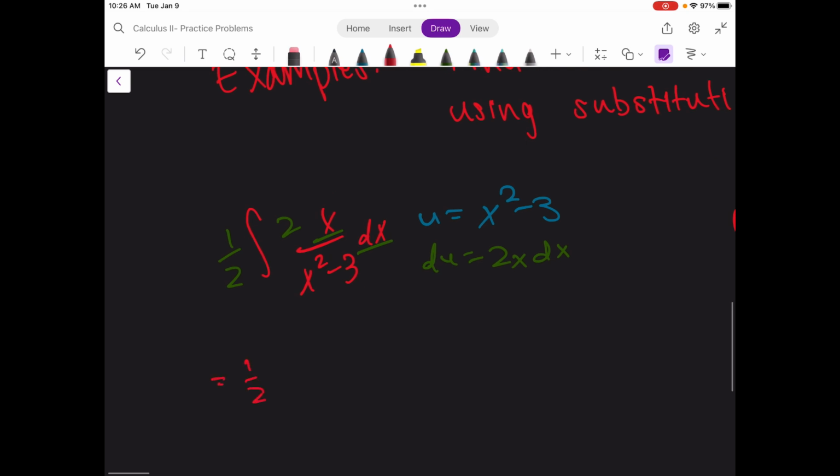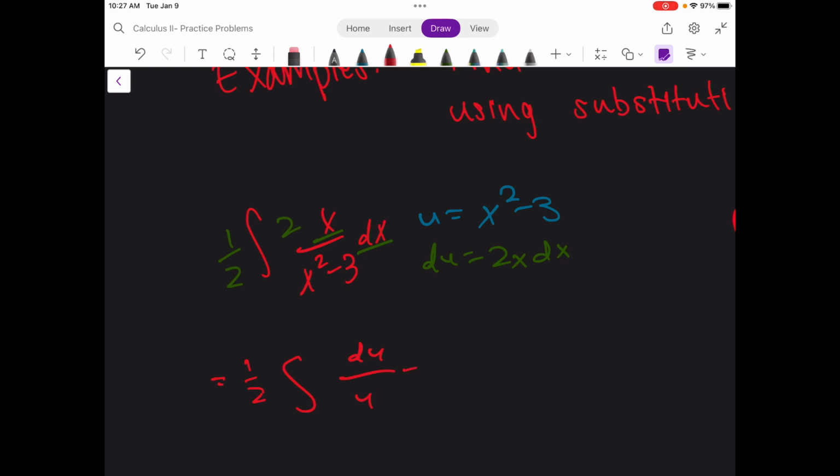This turns into 1/2 of the integral of du over u. Now this is the form we're always going to be looking for, du over u, because when you take the derivative of the natural log function, you're usually left with just u prime over u. So this is the integrating version of that.